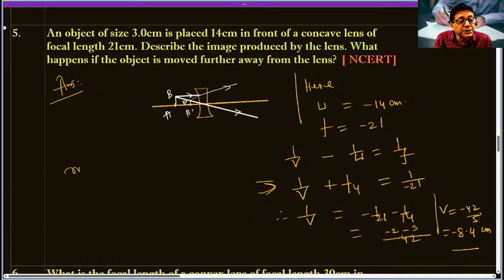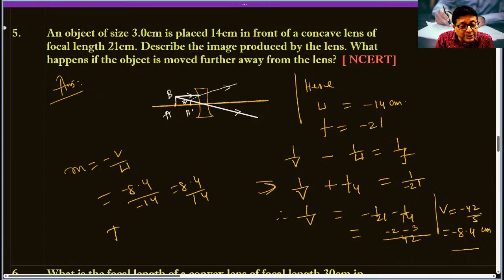Now what is magnification? m equal to minus v by u. So what will be the size of the image? Better to say the height of the image. h image by h object is equal to m.